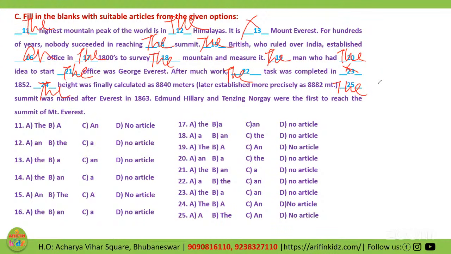So, yes, to reach the summit in Mount Everest, right? Now, this is the precise answer, everyone. Please cross check. This is the precise answer for this. Please cross check.